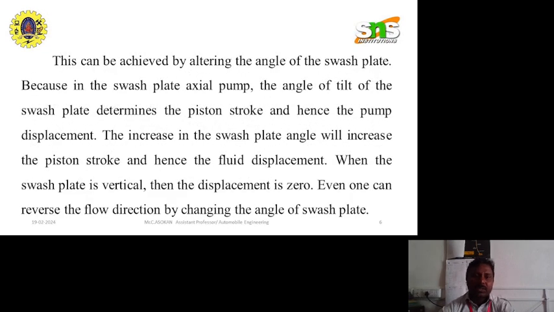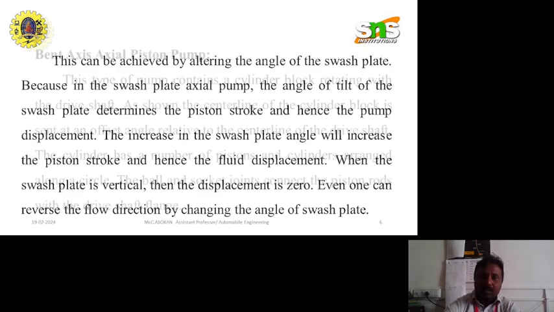This can be achieved by altering the angle of the swash plate, because in the swash plate axial pump, the angle of tilt of the swash plate determines the piston stroke and hence the pump displacement. An increase in the swash plate angle will increase the piston stroke and hence the pump displacement. When the swash plate is vertical the displacement is zero. We can even reverse the flow direction by changing the angle of the swash plate.